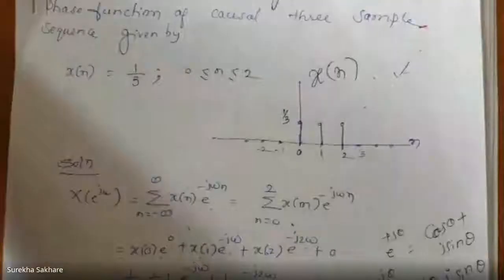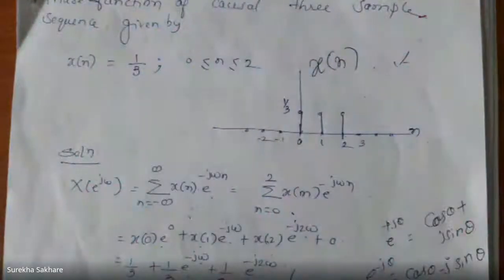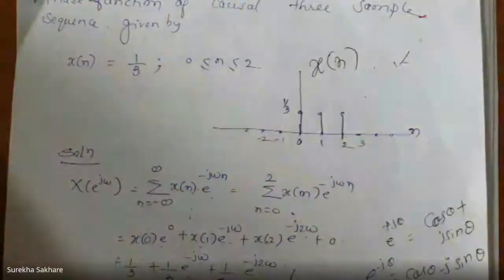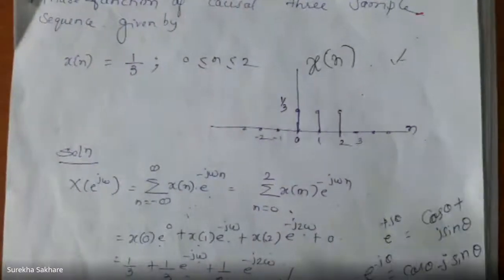Okay, so you are having the values for 1 by 3 here as well as here. Okay.